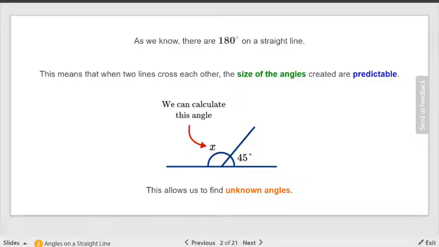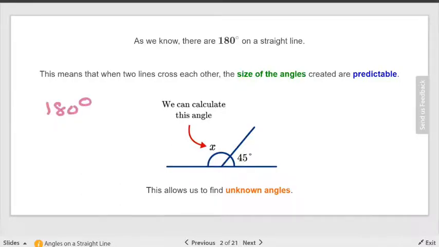So calculate this angle. If that's 45 degrees and you see it's lined up along a straight line, that means we simply have to subtract it from 180 degrees. Anybody? Yes. 135? Yeah. There you go. Good job. So what we did was we simply took the 180 degrees.